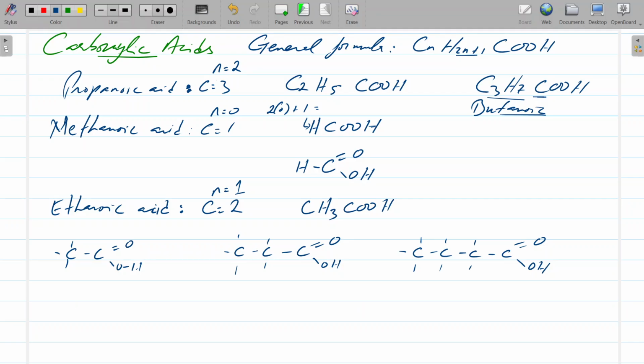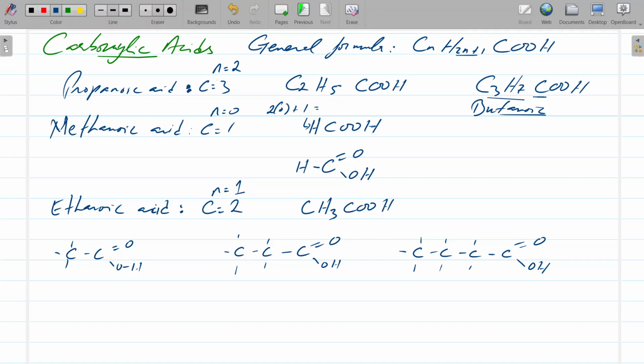What will their structural formulas be? What's the structural formula for ethanoic acid? This is the displayed formula. What's the structural formula going to be?